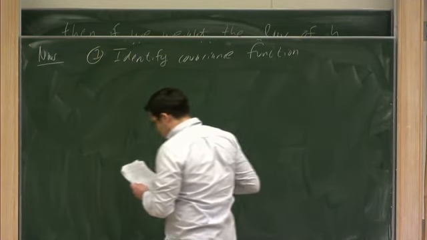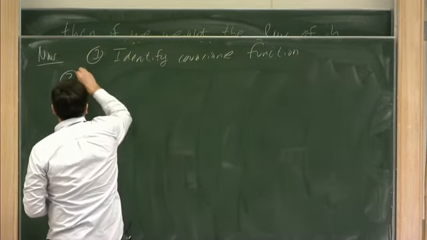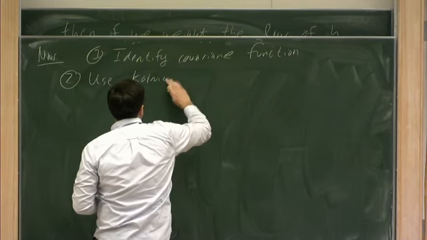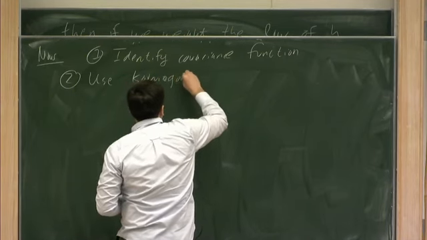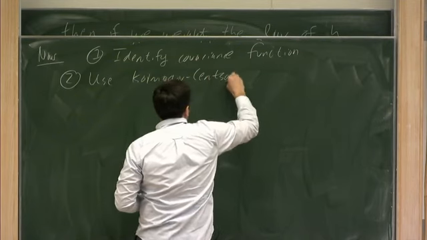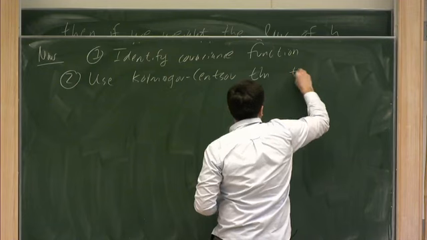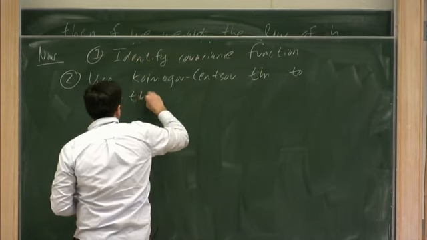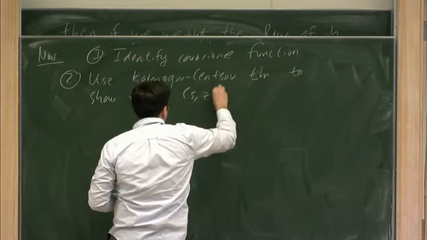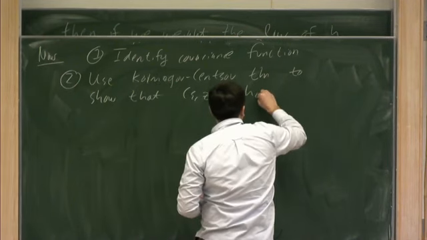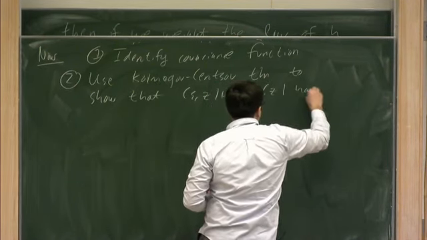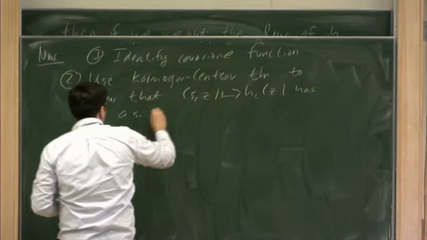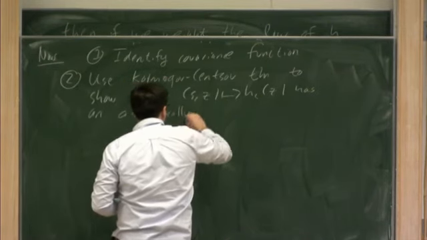And then once we've done that, we're going to use the Kolmogorov-Chentsov theorem to show that this process has an almost surely locally Holder modification.